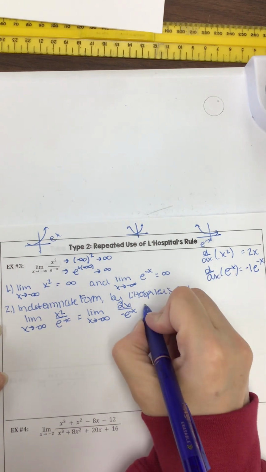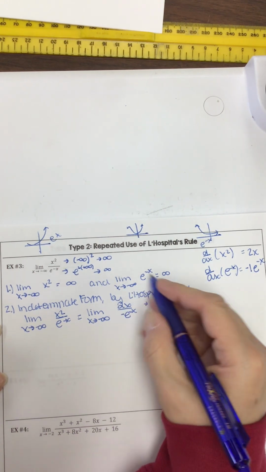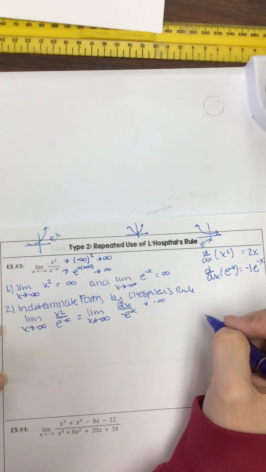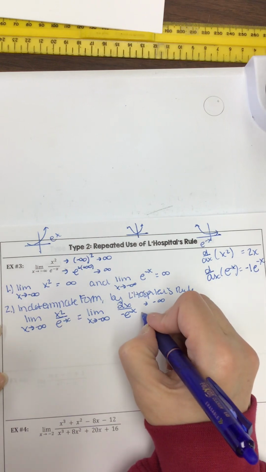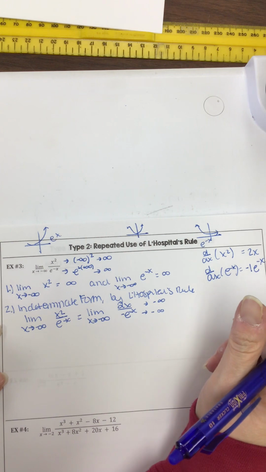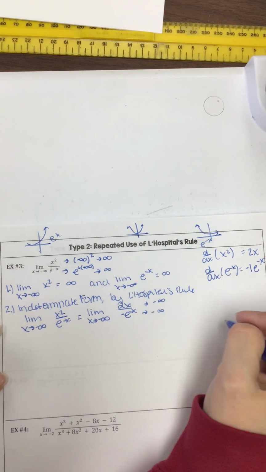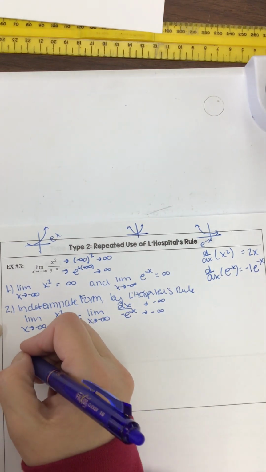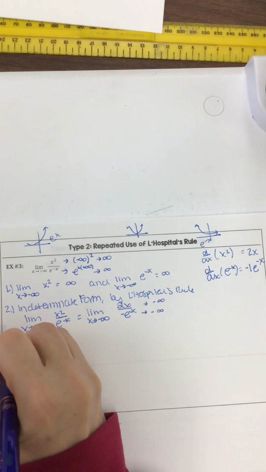Well, if I do a direct substitution here, I'm going to get what? Negative infinity. 2 times negative infinity is negative infinity. Here I'm also going to get negative infinity, aren't I? Which again is an indeterminate form. So I have to state my limits again.